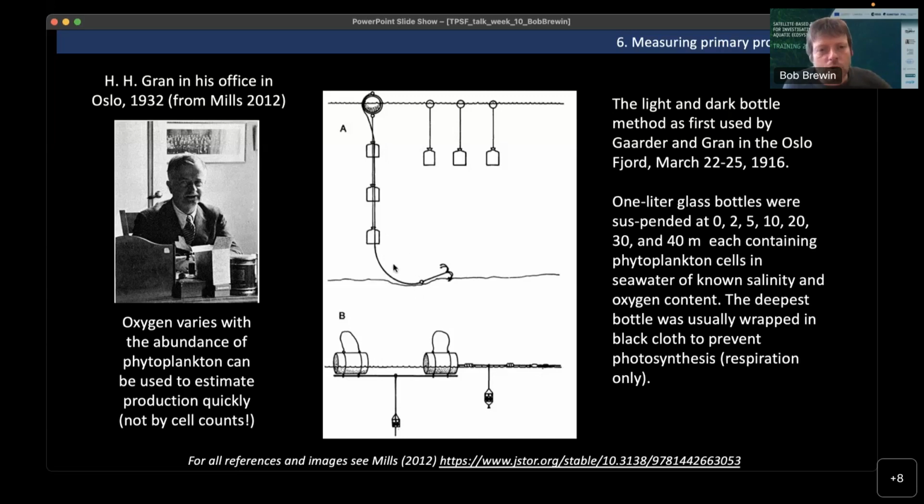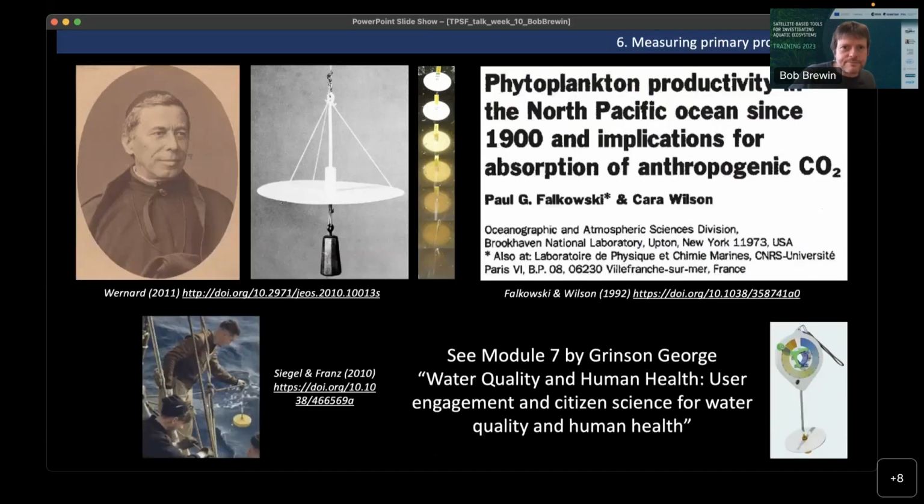Often the bottle right at the bottom you would cover up so you can get some idea of respiration, and then you would monitor each bottle with known concentrations of phytoplankton cells, known salinity and oxygen content, and then you would look at how that would change over a period of time in order to get a proxy of primary production. So this was one of the earlier techniques known as the light and dark bottle method.